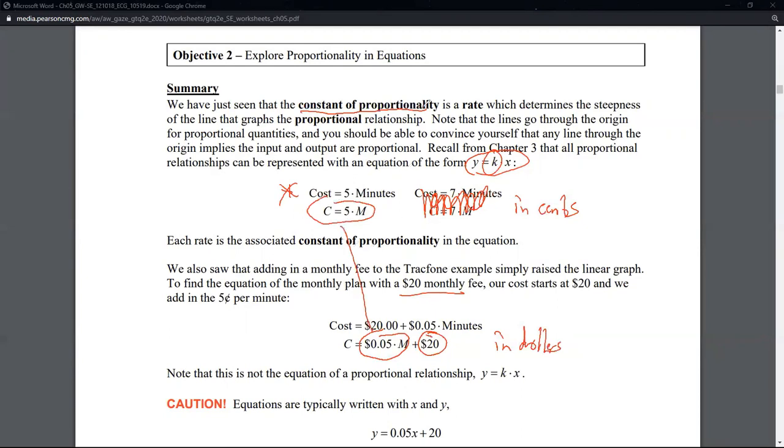These 2 things are the same, it's just one is in cents and the other is in dollars. But this is a total cost, so we're adding in that flat fee we pay every month of the $20. This 0.05M is our variable amount, and the 20 is our fixed amount. And as always, our variable amount needs a variable next to it.